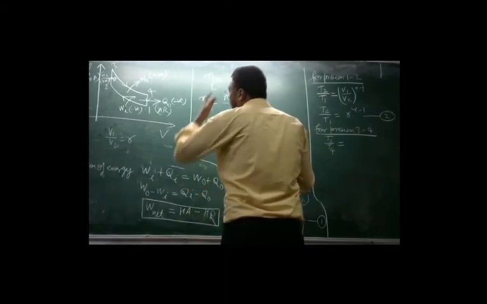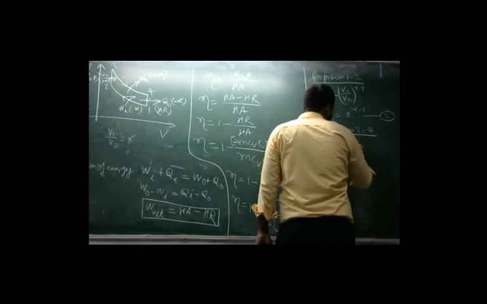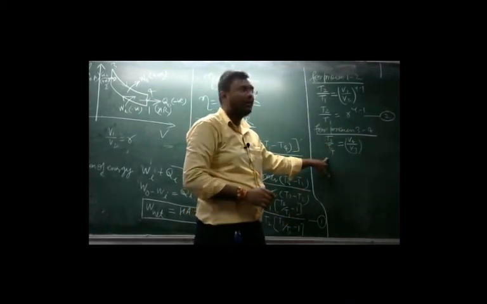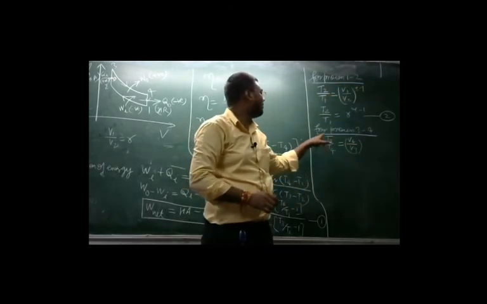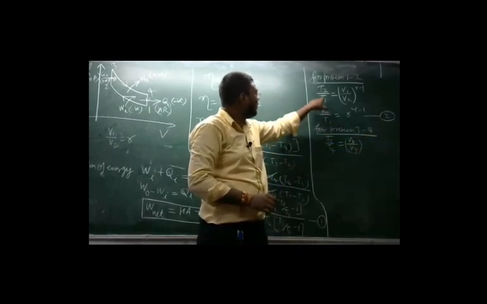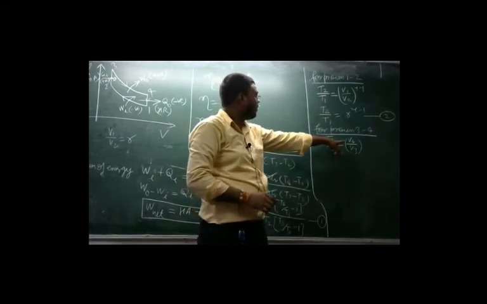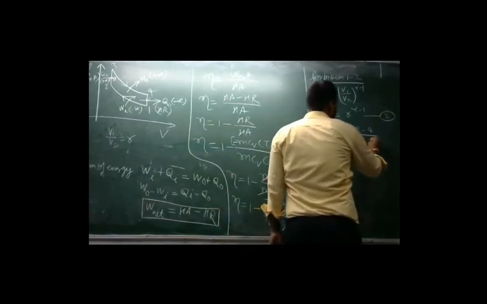Same formula is there, but the points are different. This formula is applicable between points 1 and 2, but now the points become 3 and 4, so we have to replace T2 by T1 with T3 by T4. So T3 by T4 is equal to V4 by V3 to the power gamma minus 1.